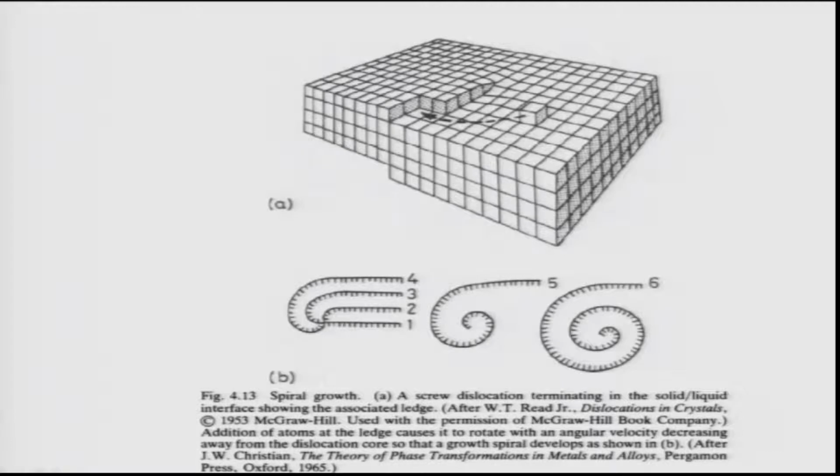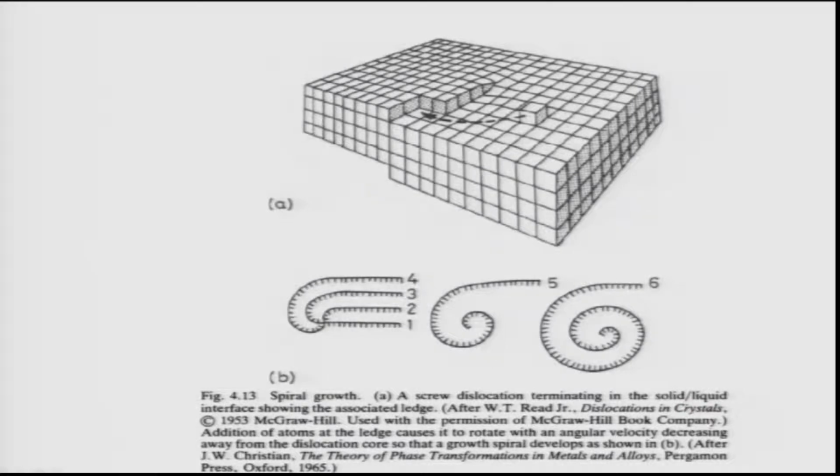In this screw dislocation, an extra atom coming from the liquid can easily sit there and satisfy many bonds. Correct? A screw dislocation terminating a solid-liquid interface is shown there. This is taken from W.T. Read. Read is basically a book on dislocations in crystals. Read is one of the pioneers in dislocations.